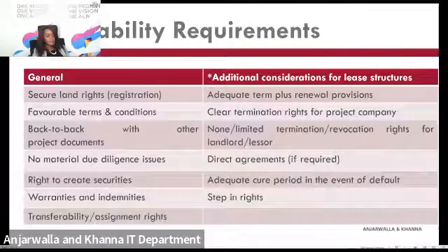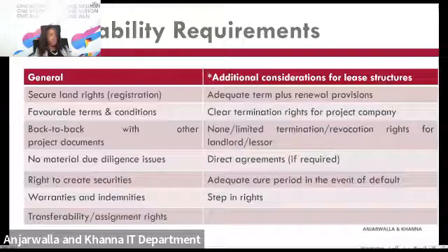Then, while this is less of an issue for infrastructure projects, the project company must be able to secure securities over the land if possible, because if the project company has secured finances from lenders, the lenders would want to know that they are able to have some sort of recourse, where it's possible, to the land.